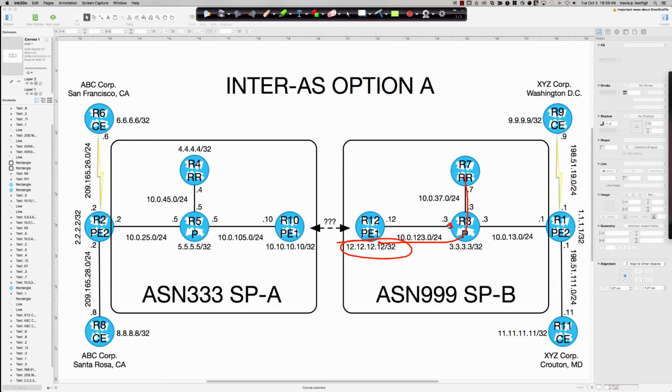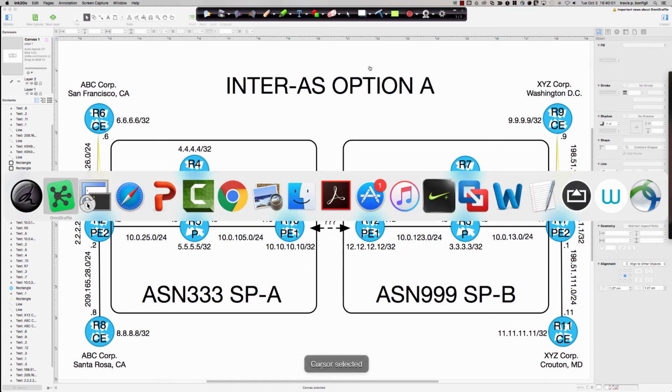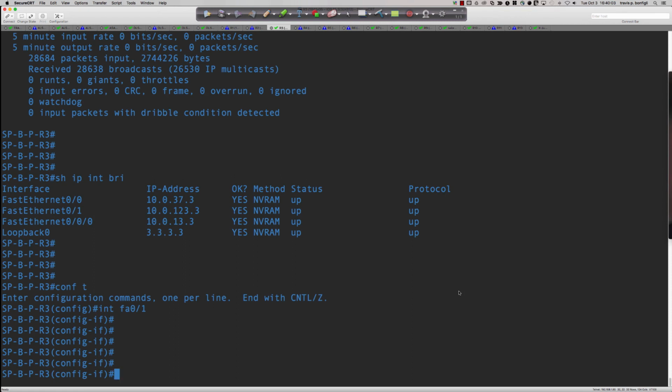So I'm going to tweak the delay here. We're going to change the delay, the K3 composite metric value, and let's see what happens. Because if what I'm telling you is true, then the computed distance should change. But if what I'm saying is not true, then the feasible distance, that first number in the parentheses and the second number after the slash in the show ip route, will stay the same.